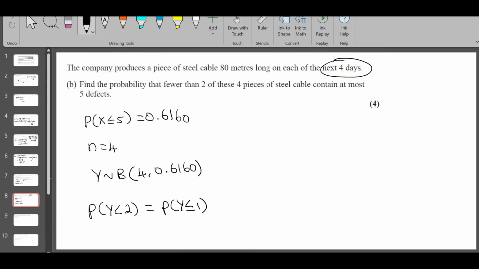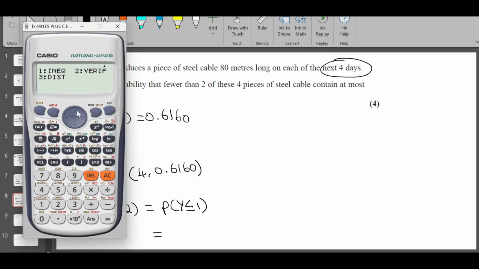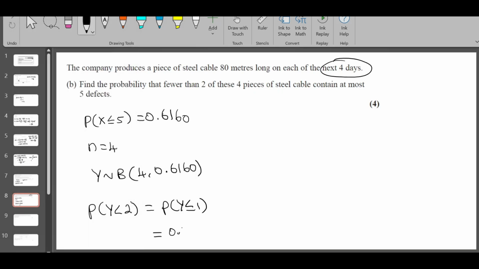You can use the formula or the calculator. I will show you both actually. First let me use the calculator. Distribution, binomial CD, number 2, the value of x, that's the value of Y, which is 1, the n is 4, the probability of success is 0.616. 0.16126 dot dot dot, round it to 3 significant figures.